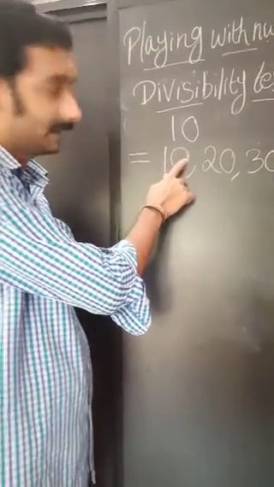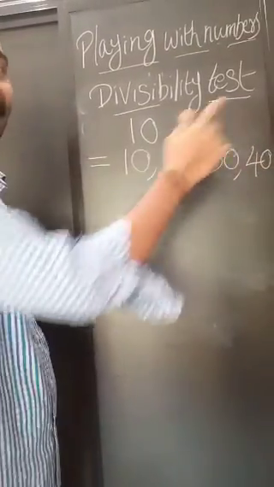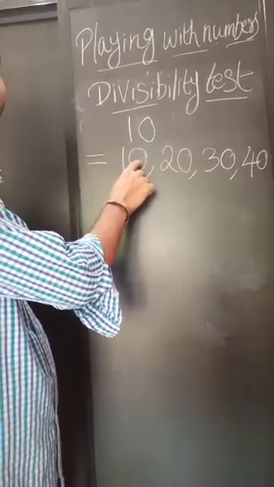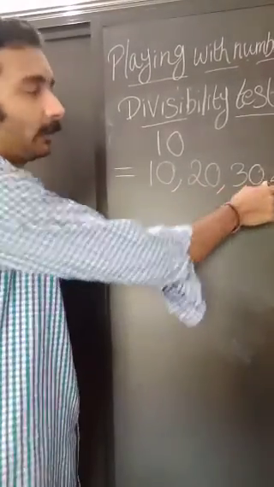Examples are 10, 20, 30, 40. This is an example. You write other examples based on the unit digit being 0.